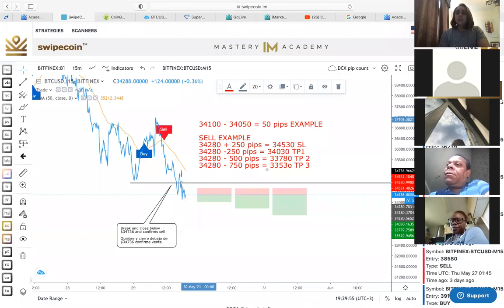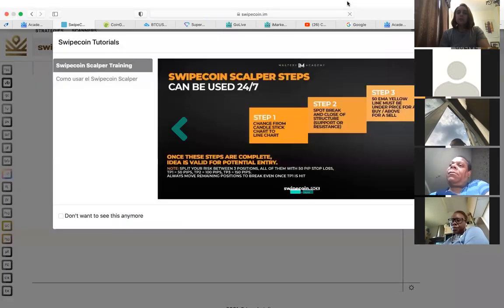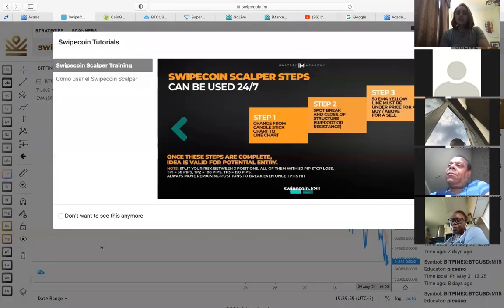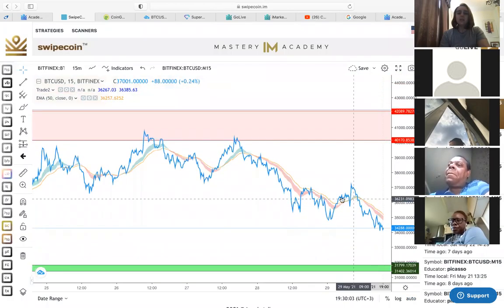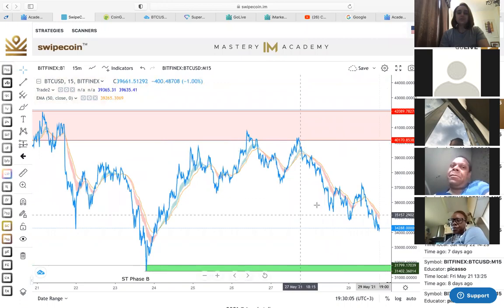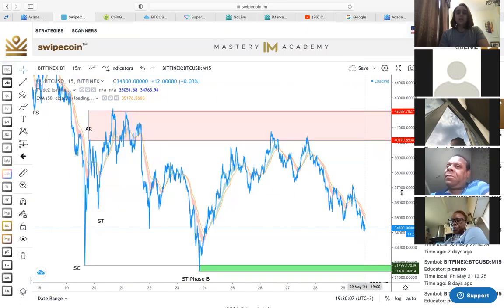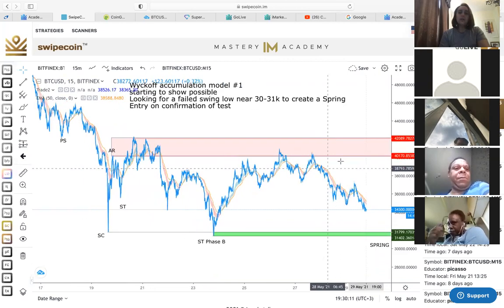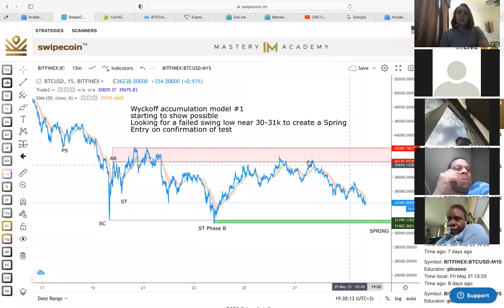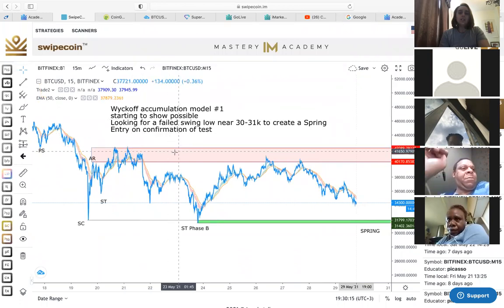So now let's hop over to the smooth because I want to show you guys the new markup that Picasso just put out about 20 minutes ago. I don't know if you guys have seen it yet. He is looking at the Wyckoff accumulation.